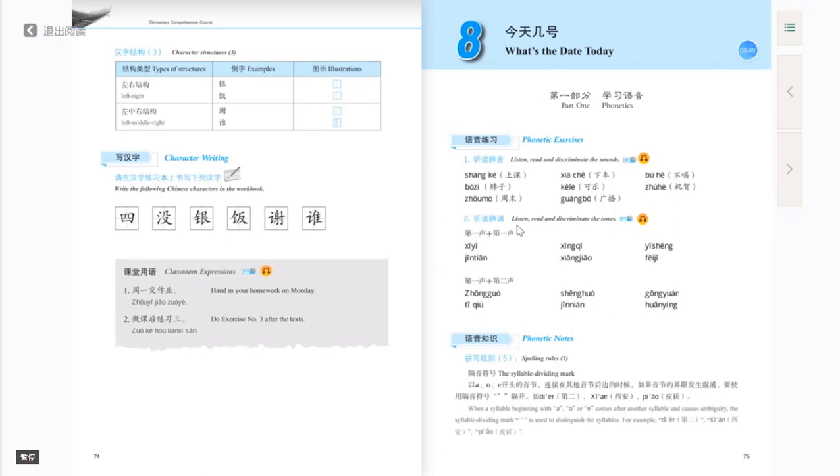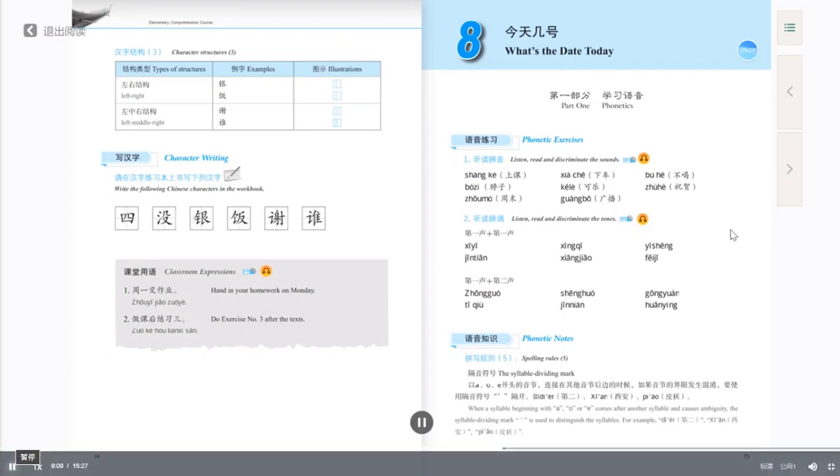So also listen, read, and discriminate tones. Let's begin. The first group is first tone plus first tone, and the second group is first tone plus second tone. You can feel there's a tiny difference between the two groups when you read first tone and first tone syllables, and also feel how to read first tone and second tone syllables. Now let's begin.